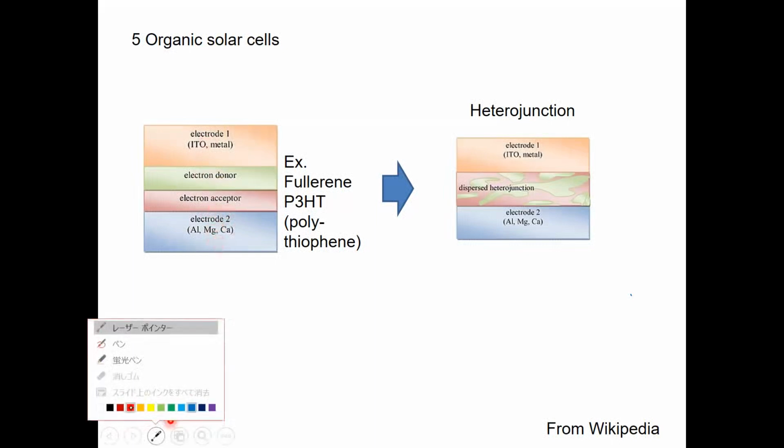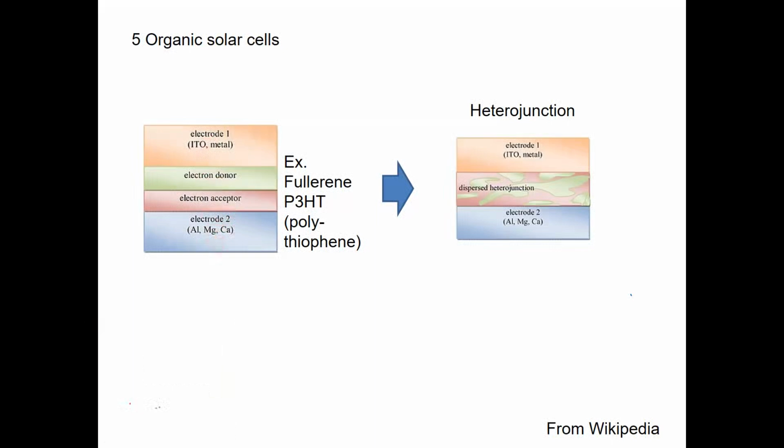Okay, and then from one side, a transparent electrode is used, and light is illuminated. And inside the donor or acceptor, you can excite the electron hole pair, which is called an exciton. It's kind of difficult for you probably, but it's a kind of excited state of the electron and hole.